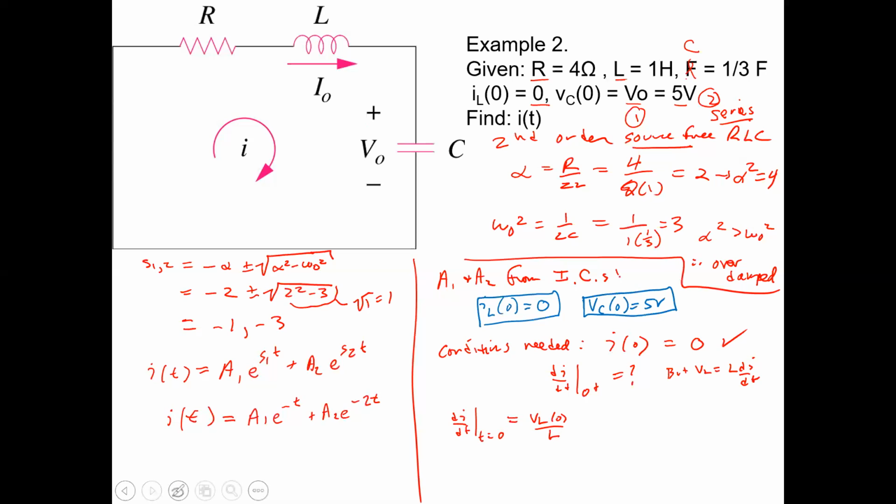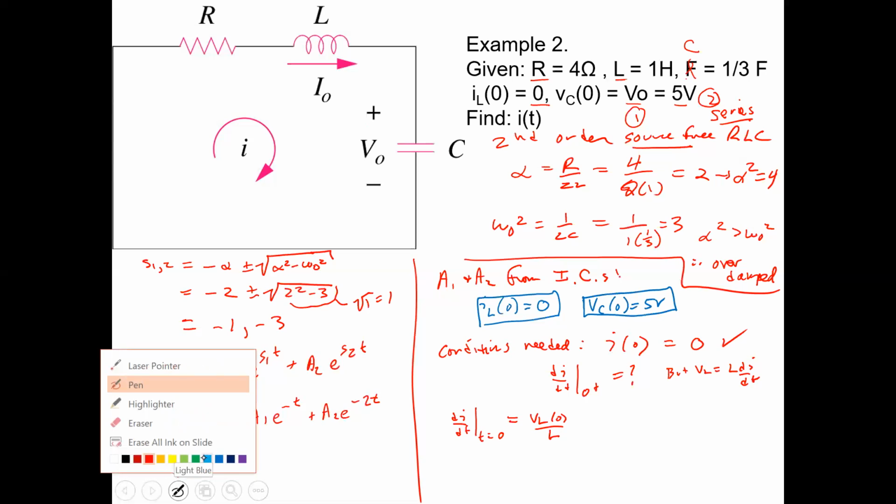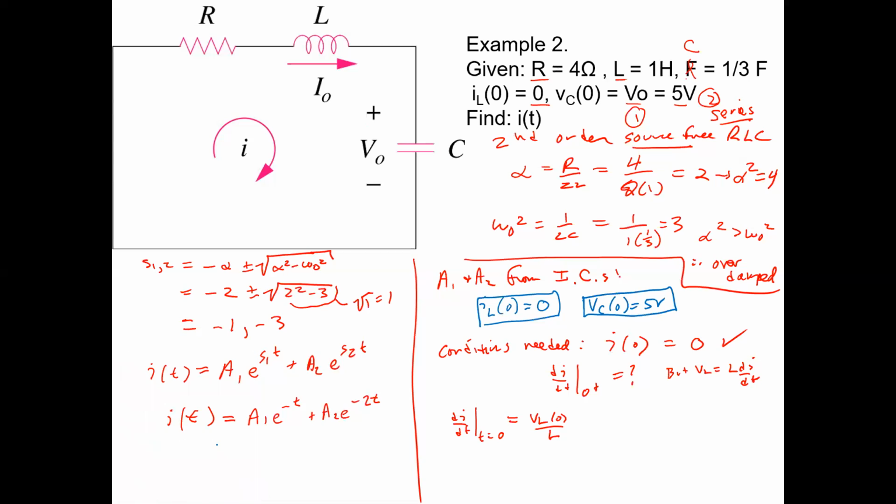So we redraw the circuit at t equals 0, and we know those initial values, and we can plug those in. And so we can maybe squeeze this in here at the bottom. We've got an R, an inductor and a capacitor.